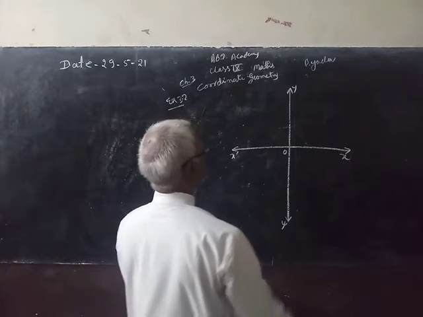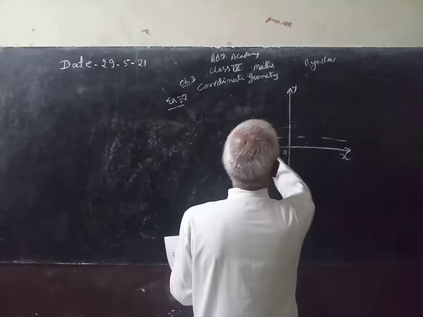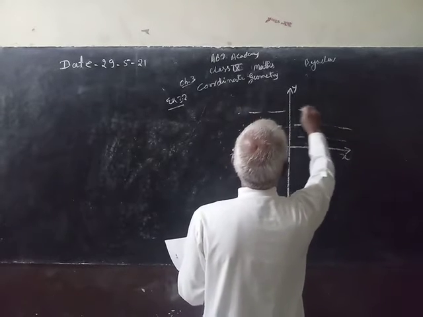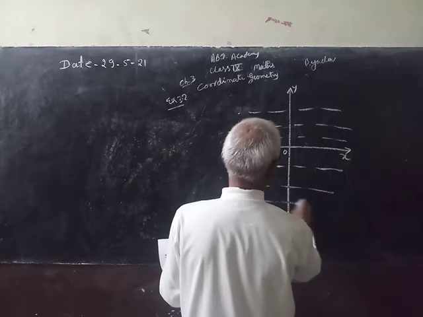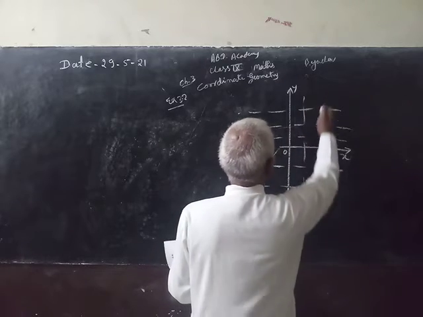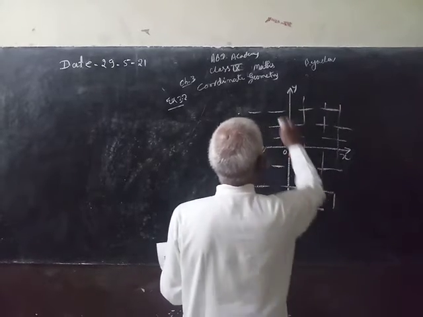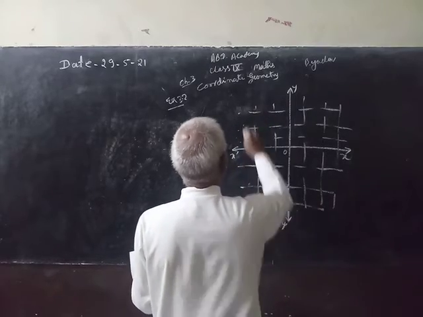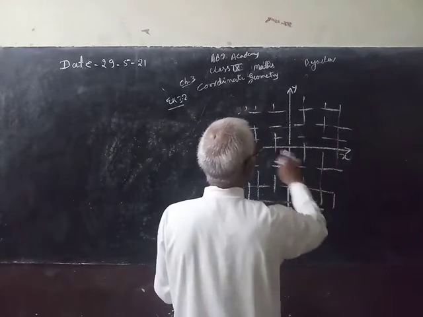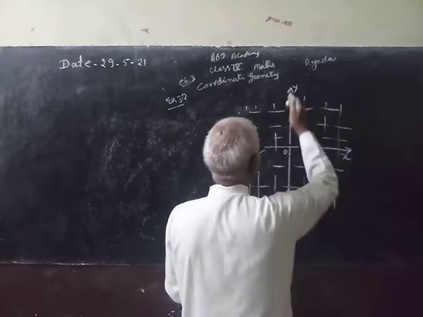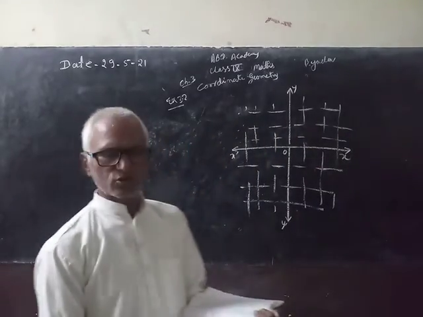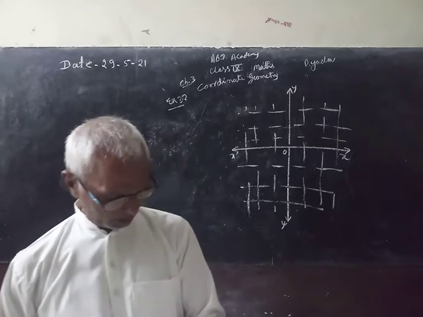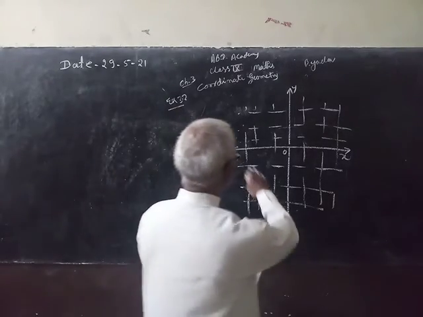Horizontal lines are like this way, this way, this way, equidistant. Vertical lines are this way. It becomes your graph paper. A line parallel to the x-axis and a line perpendicular to the x-axis, meaning parallel to the y-axis. These lines are parallel.